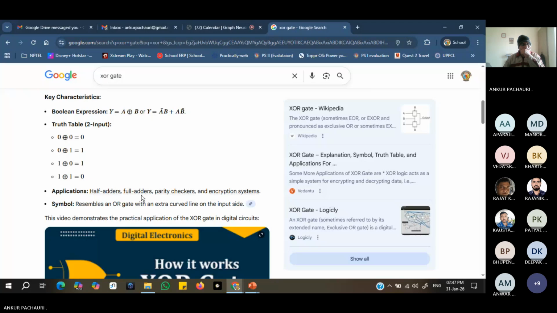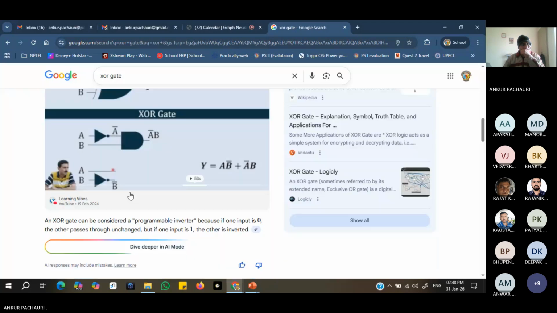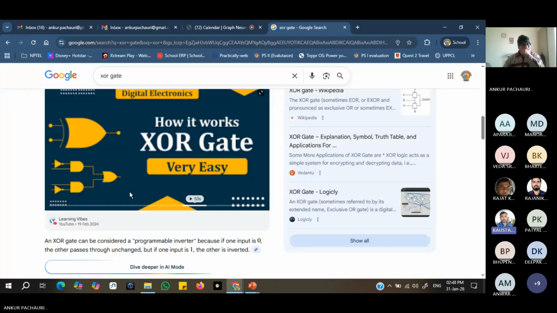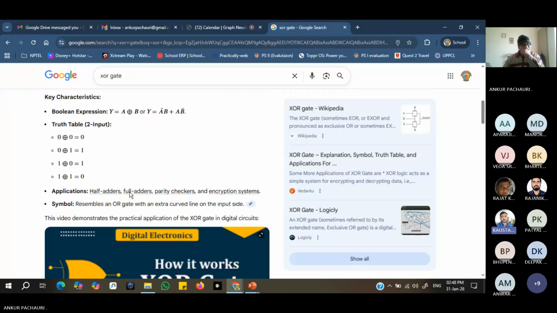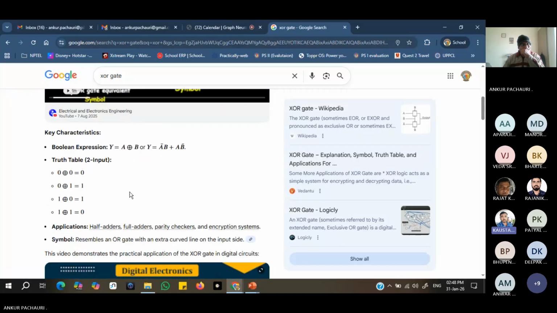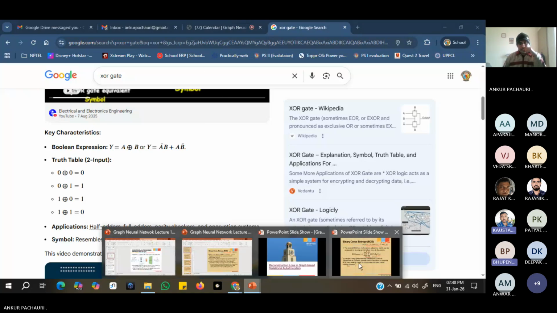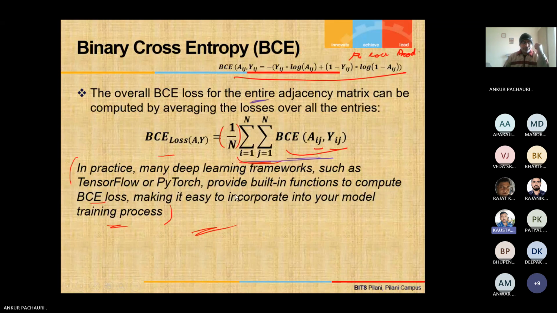The input will always be 1 or 0. We are training only for getting the parameter values, the weight parameters, not the values of A or Y. They will always be 1 and 0.